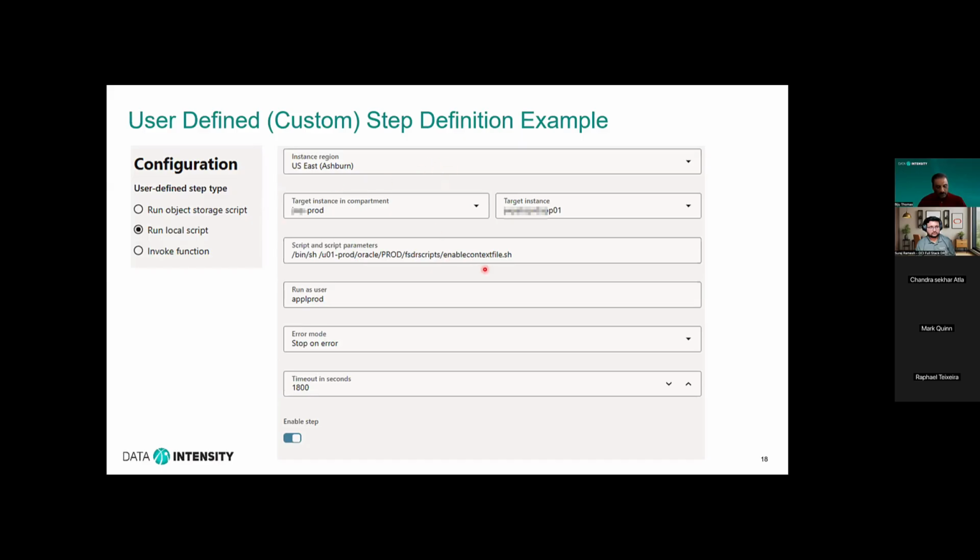Most DBAs and sysadmins have scripts, because when they are doing DR or configuration or application cloning, they use scripts. So this is a matter of bringing that script into FSDR so that FSDR can run the script for you in the right sequence, in the right order.